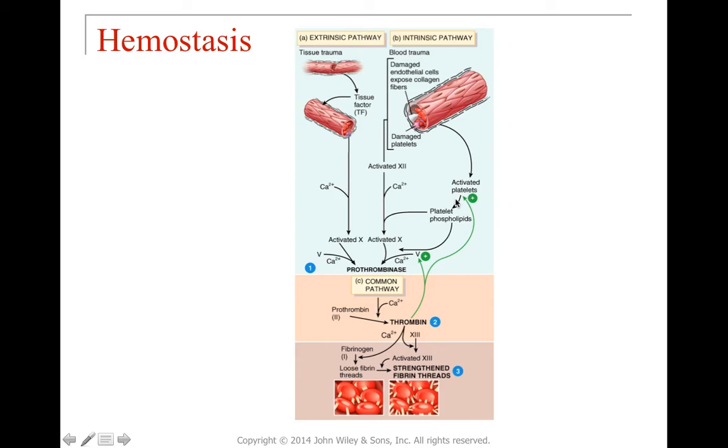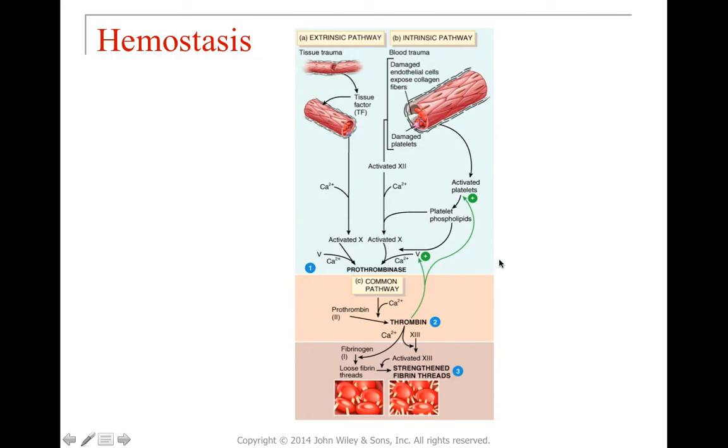That activated platelet is going to lead to the creation of platelet phospholipids, which are going to combine with activated X. At the same time, this blood trauma to the platelets is going to start the activation of 7. When I say X, I mean activated 10. So activated 7 is going to interact with calcium and then reach activated 10 to lead to prothrombinase and enter into the common pathway.